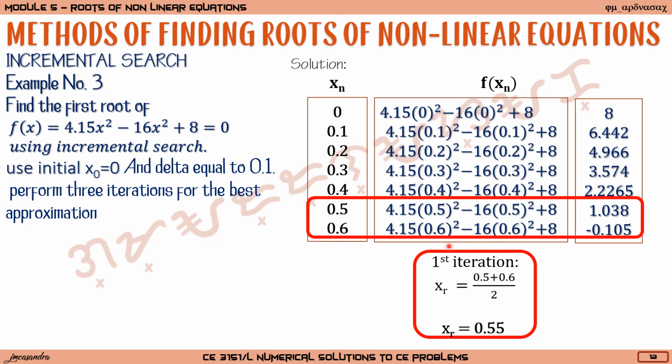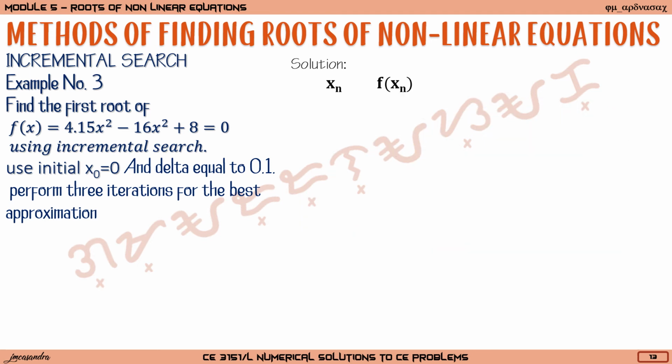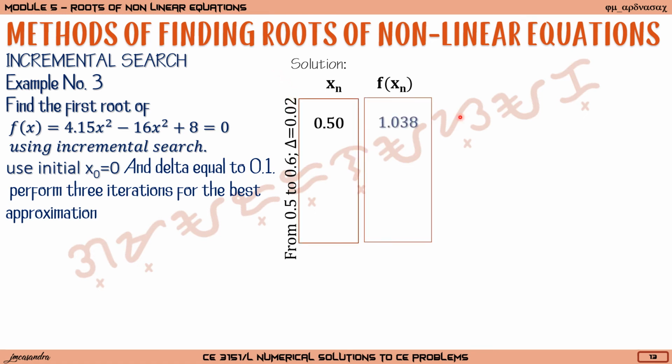So we move on to our second iteration using now our 0.5 and 0.6. So from 0.5 to 0.6, let's change our iteration. Let's have a smaller interval of 0.02. So we have 0.5. So we get now, substituting this, we get 1.038. So 0.5 plus 0.02, 0.52 will give us now 0.802.